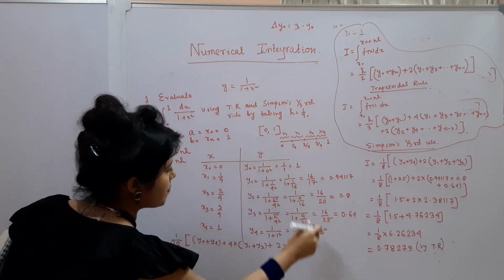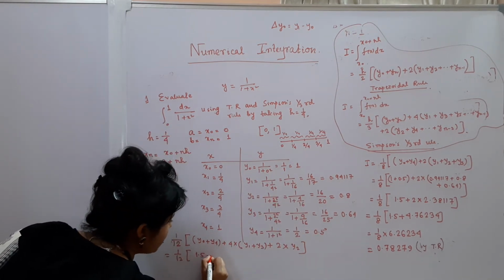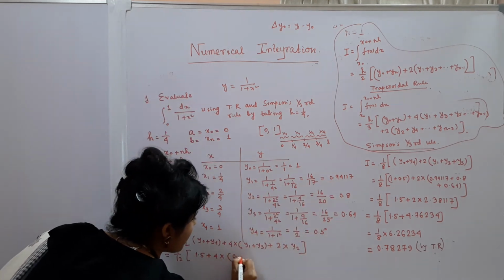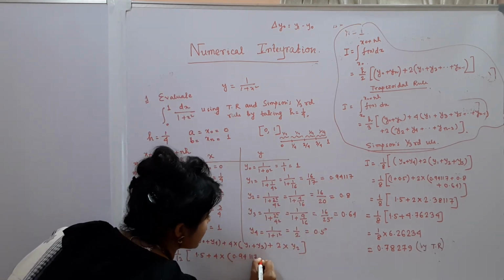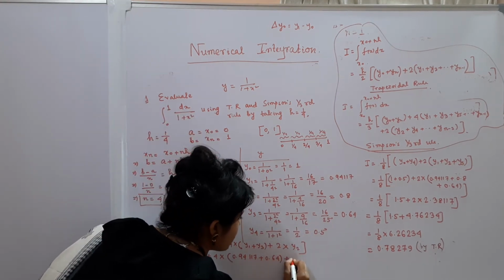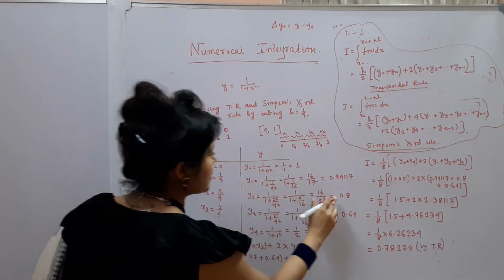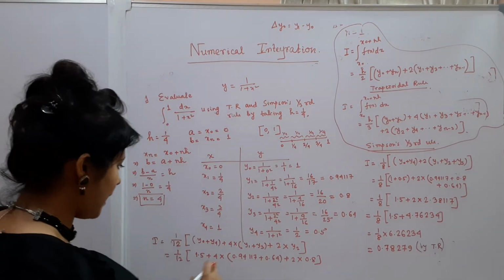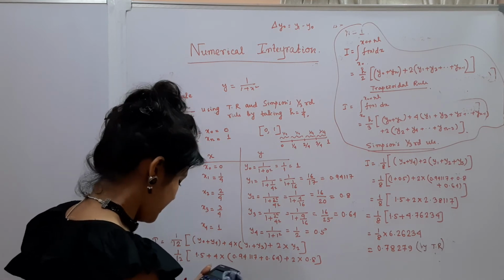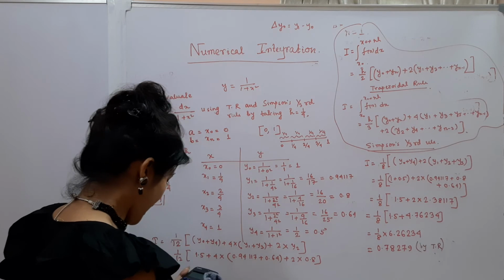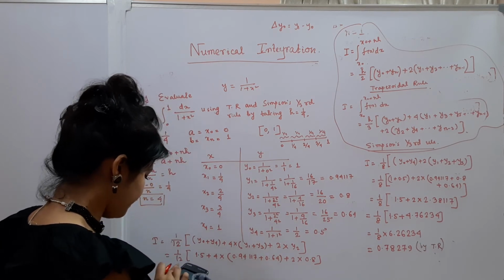This is y0 plus y4 means 1.5, plus 4 into y1 is 0.94117 plus y3 is 0.64, plus 2 into y2, and y2 is 0.8. I am calculating it at once. That is 0.94117 plus 0.64 into 4.